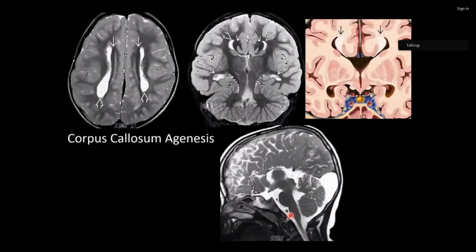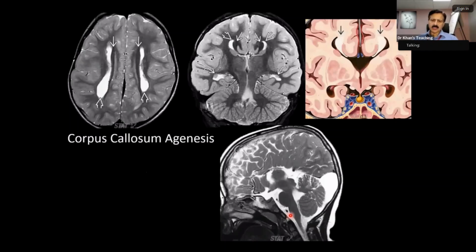Okay. This is corpus callosum agenesis. Basically, when there is corpus callosum agenesis, the lateral ventricles at these levels are widely spaced and they are parallel to each other. Now, if you see a coronal, but no examiner is going to show you a coronal, they will always show it on an axial.